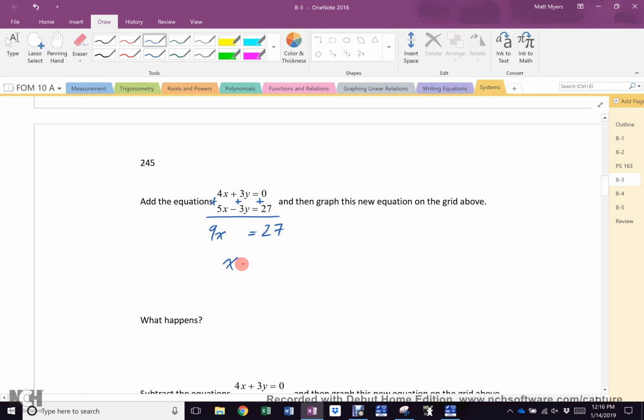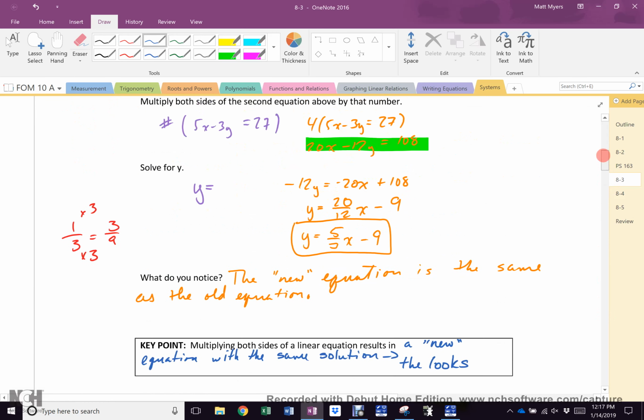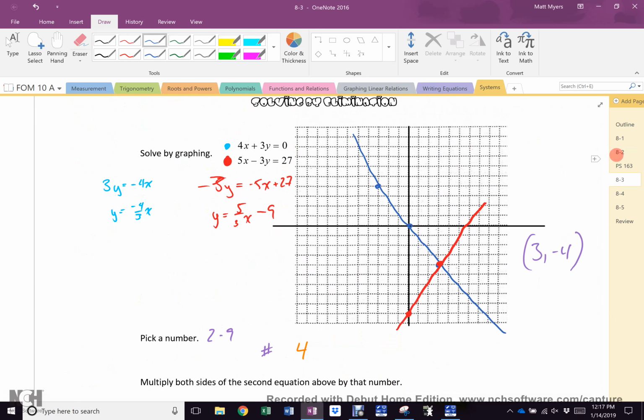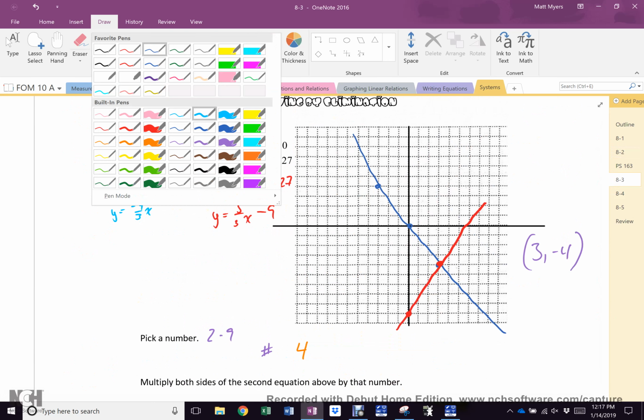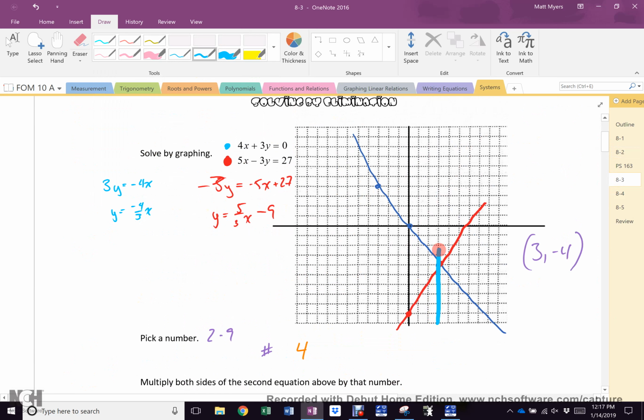So x equals what? 3. Now, if I were to graph this new equation on the graph up here, you don't even need to do this if you don't want to. It would be a line that would go right here, correct? Notice it goes right through my solution. But that line has an x coordinate, doesn't it?